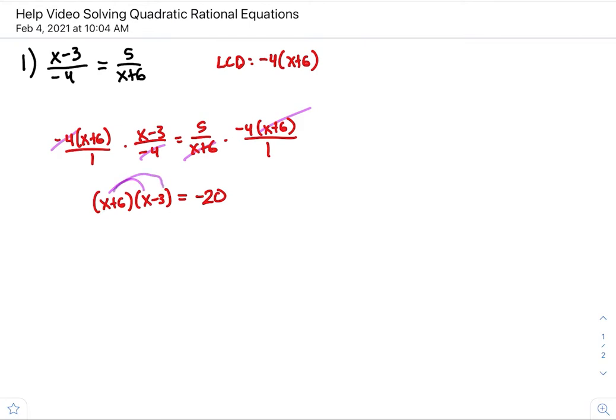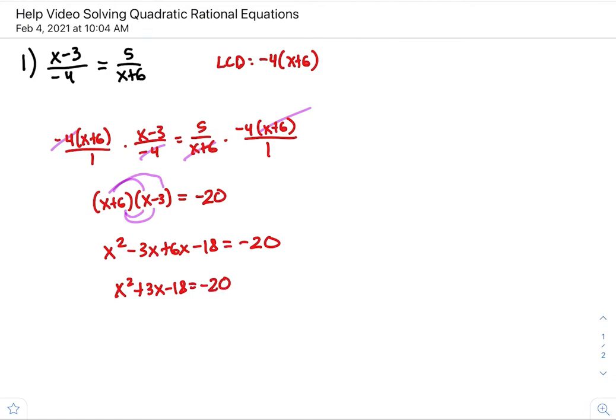Now we are going to distribute. X times x is x squared, x times -3 is -3x, 6 times x is 6x, and 6 times -3 is -18. And all of that's equal to -20. You can combine like terms right there, so we're going to get x to the second plus 3x minus 18 is equal to -20.